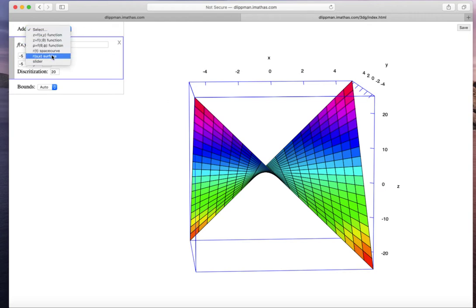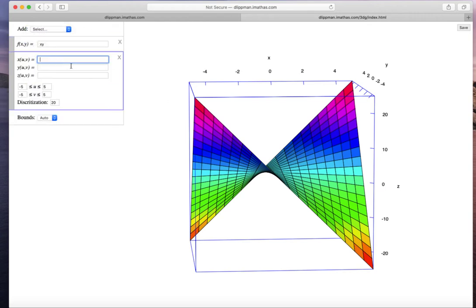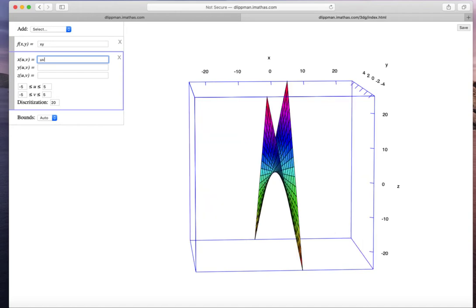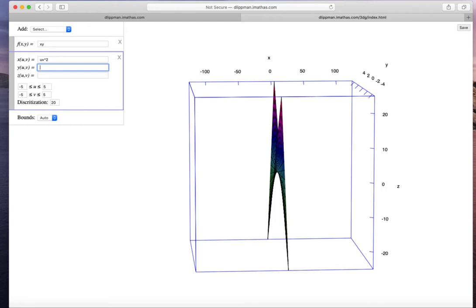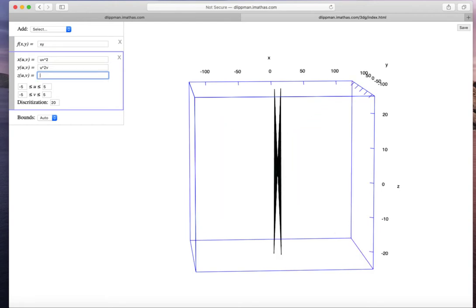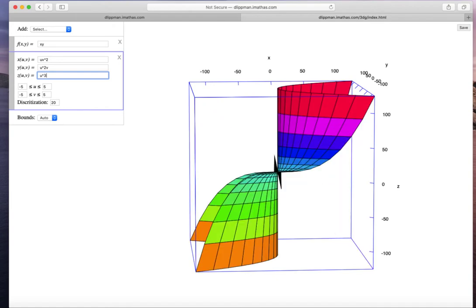But if I wanted to do this as a surface, then I could do exactly the formula they gave us. So instead of s and t, this calculator here only uses u and v. So u can be our s, v can be our t. So I'll say u v squared, I'll say u squared v, and then u cubed v cubed.